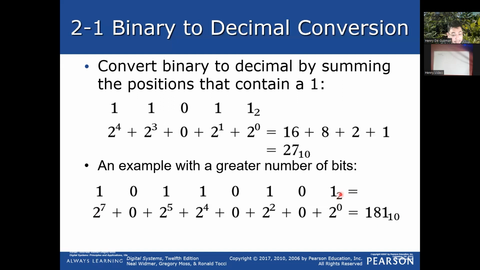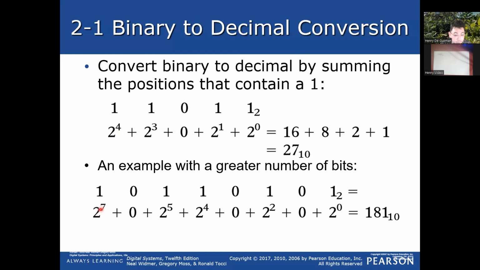But for binary, there must be a 2. For hexadecimal, there is a 16, and there is also octal, but we will explain that in our next lessons. Then, when you add 2 to the 7, that is 128. 2 to the 4 is 16, 32, 64, 128.